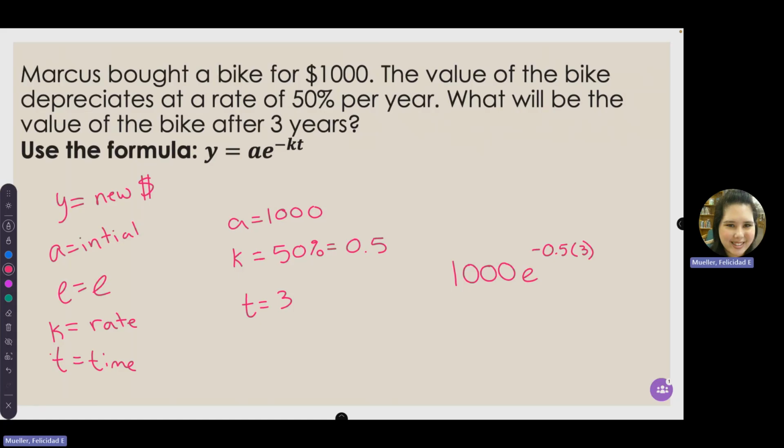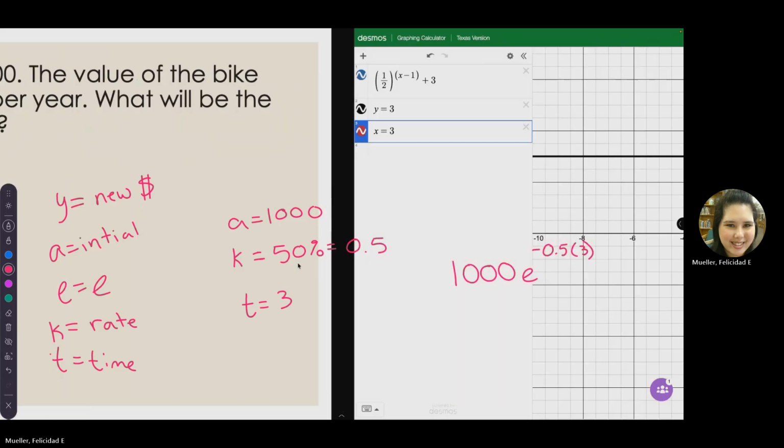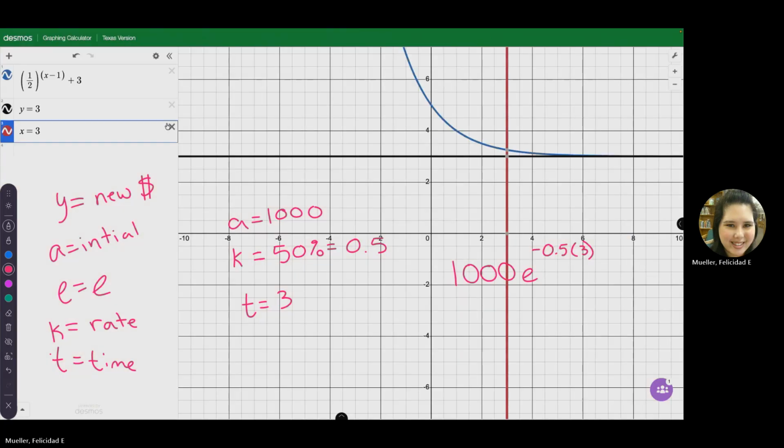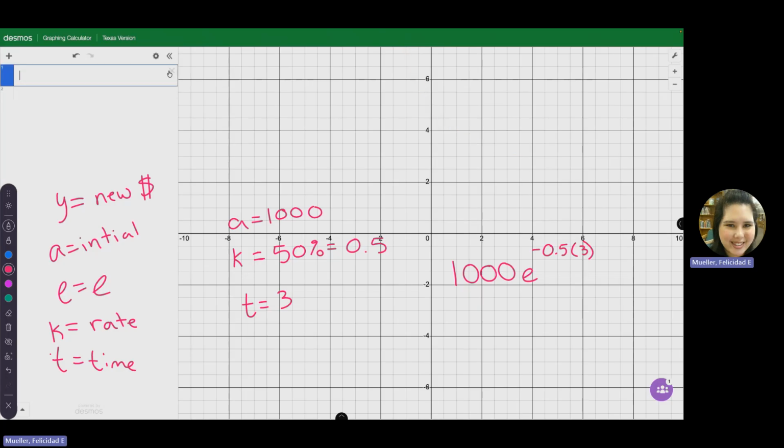I'm going to go ahead and go over to Desmos for my calculator. And we're going to do 1,000. And I think if you just press the button E, it actually lets you use the letter E. So you can either press the button if you're using your school calculator, which is also fine.